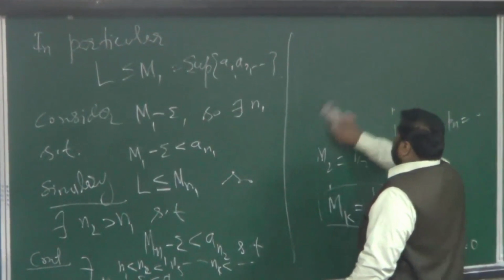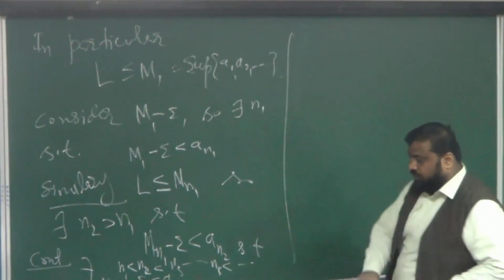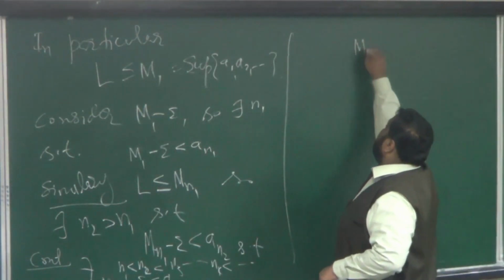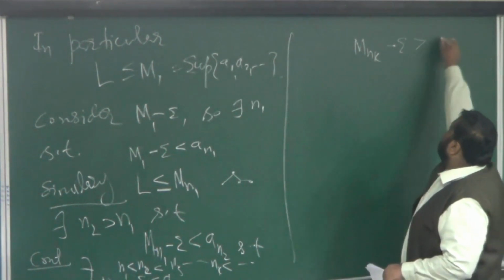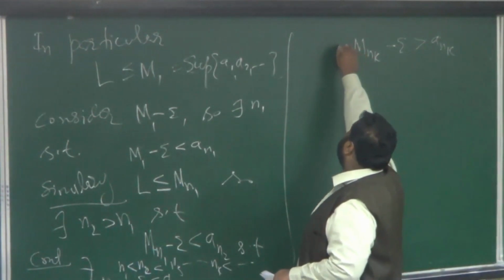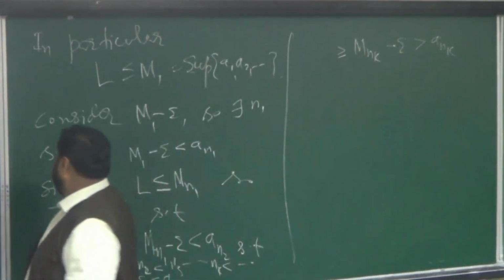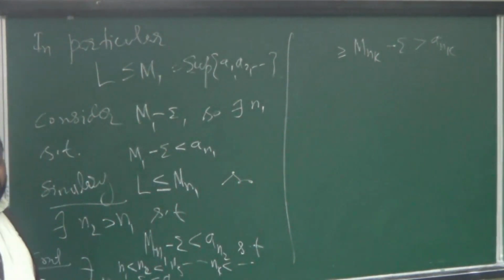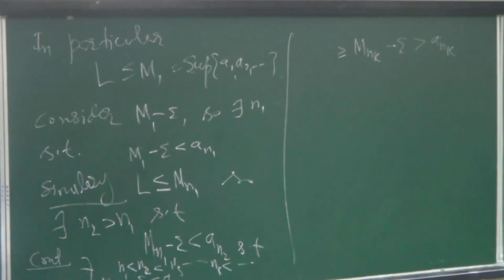Now just think about it. What we are saying is that M n_k minus epsilon is less than A n_k, but this is also bounded by something. How can I be sure of that? Do we have this surety?